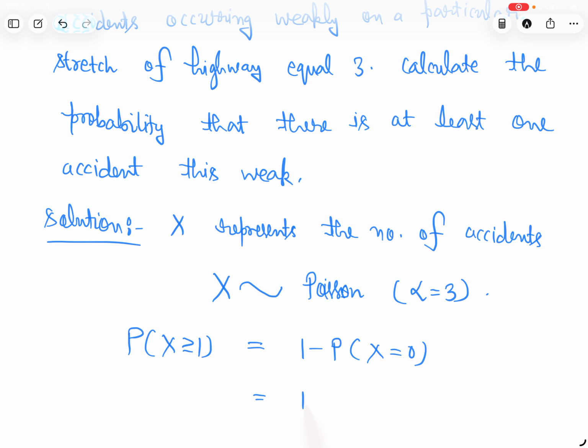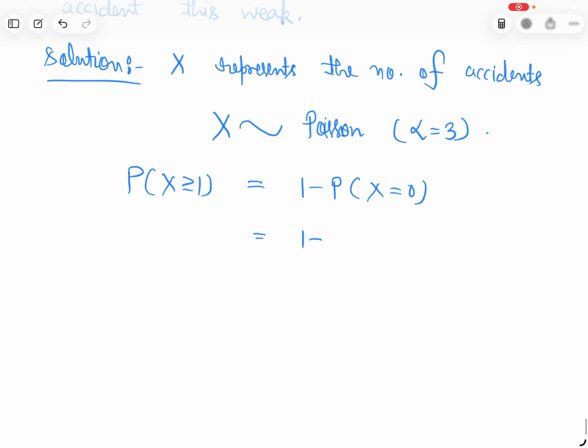So what is actually the P(X = k) value? What is the formula? Alpha to the power k, e to the power minus alpha upon factorial k.